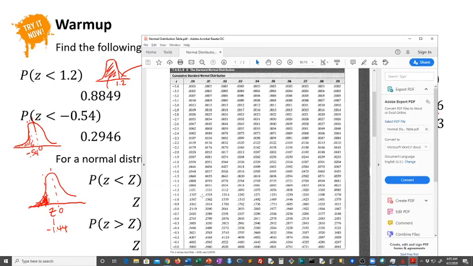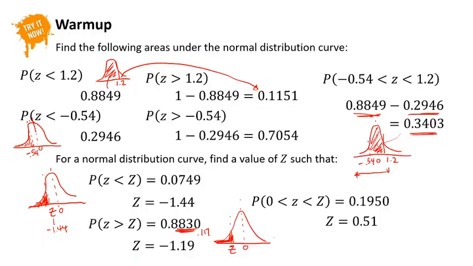So 0.117, here it is right here. So negative 1.19 is the location of z. That gives me 11.7% of the area on one side and 88.3% of the area on the other side here. So that's our answer here for that one.